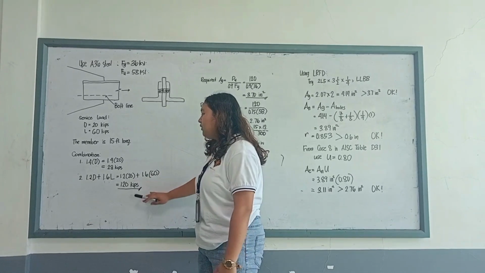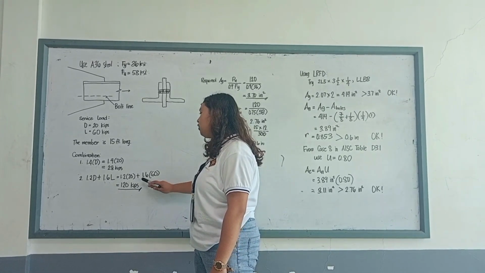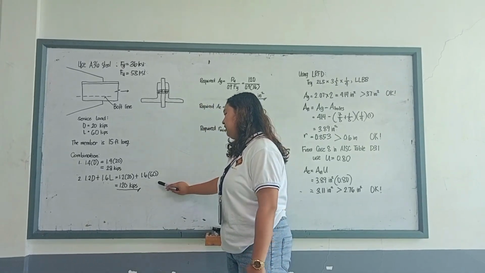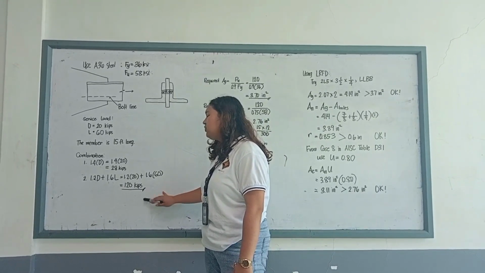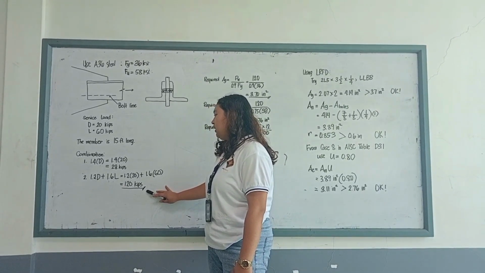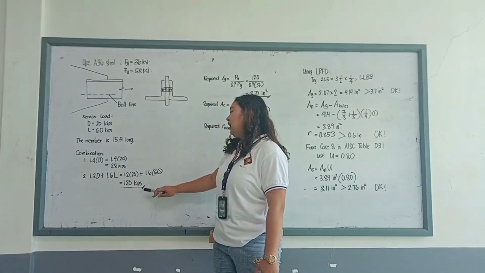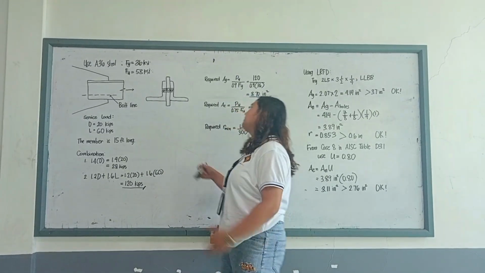Combination 2 is 1.2 times dead load plus 1.6 times live load, so 1.2 times 20 plus 1.6 times 60 gives 120 kips. We are going to use 120 kips as our factored load since it is the maximum load the member must resist.